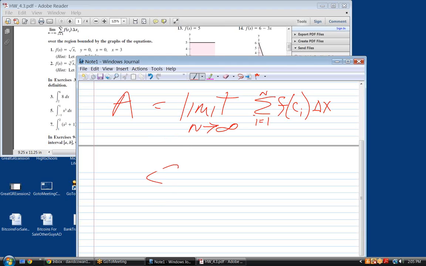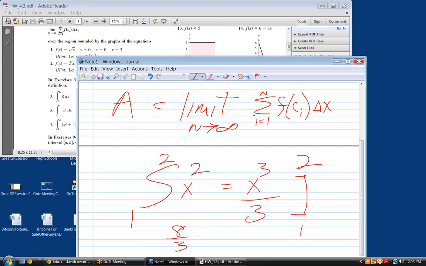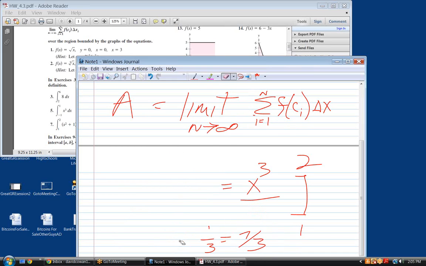If I want to know the area under the curve from 1 to 2 of x squared, I use the reverse power rule and evaluate it from 1 to 2. That becomes 8/3 minus 1/3, or 7/3, piece of cake. But to do it by this method is very difficult.